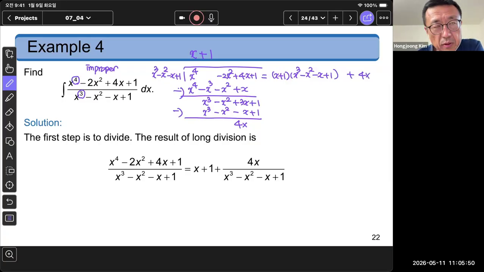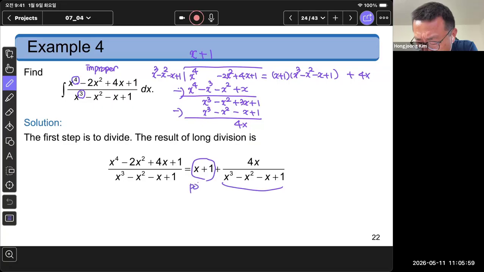So the integrand can be written as this polynomial plus a proper rational function.